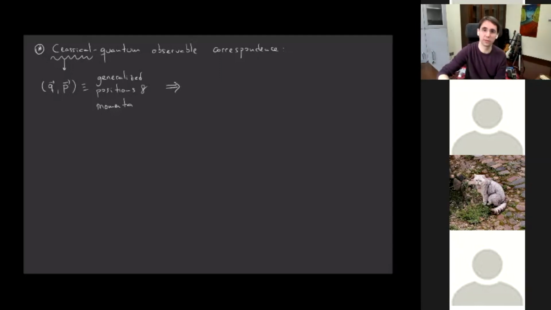Then in classical physics, a classical observable is nothing but just a real function that depends on these positions and momenta. Every function like this is an observable that in principle we can measure in the lab.